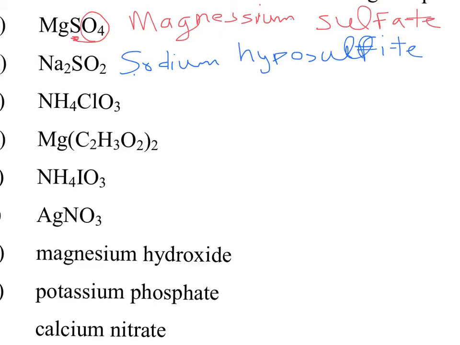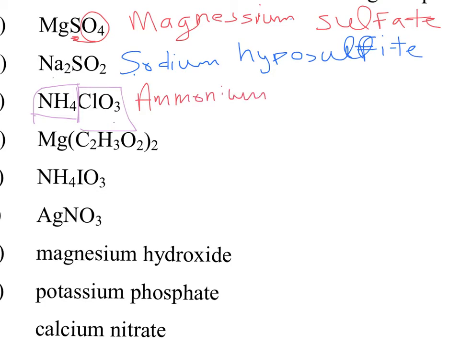This next one, I know this looks really weird because you're going to want to look for an N, you're going to want to look for an H, and you're just not going to be able to figure all this out. But again, this is where your polyatomics really come into play. You've just got to recognize that NH4 is a group, and you've got to realize that ClO3 is a group. And so when you know that, you can recognize that NH4 is ammonium.